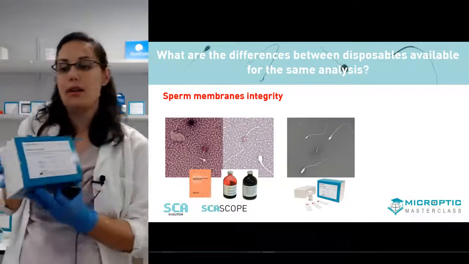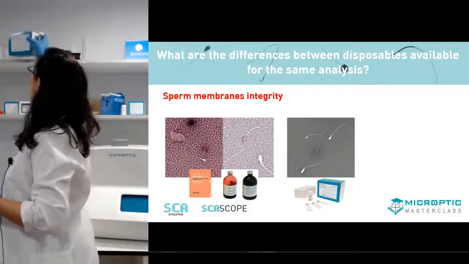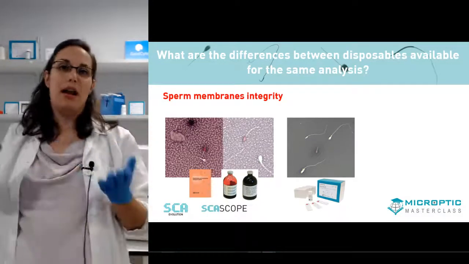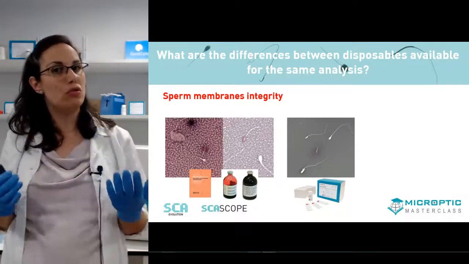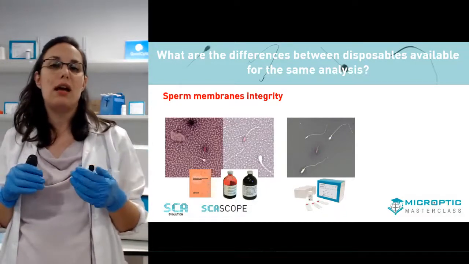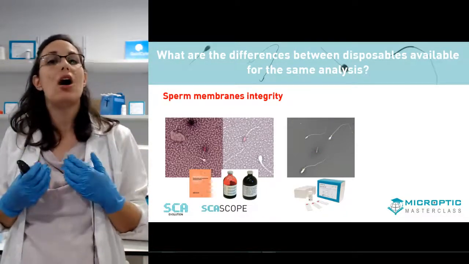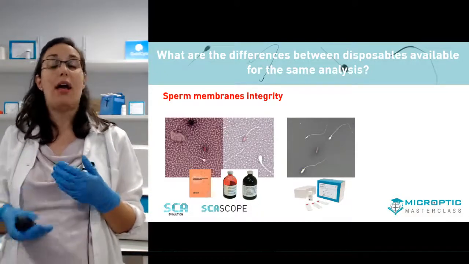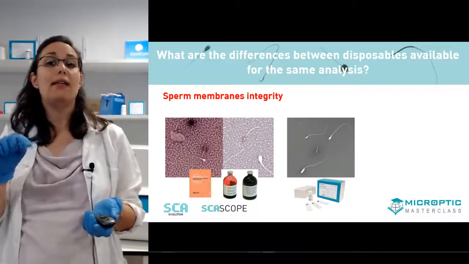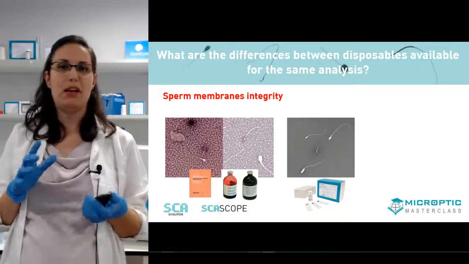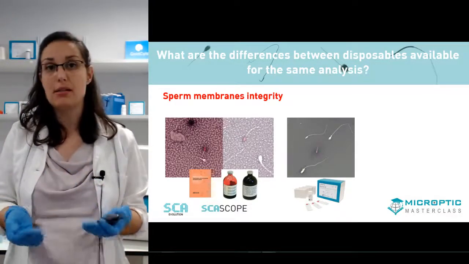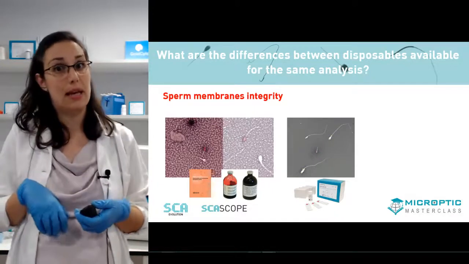The advantage of that kit is that it allows a double test: it allows evaluating colorimetrically the dead and alive sperm with good contrast and a very clear background, but it also acts like a HOST test, being slightly hyposmolar, and therefore it induces the swelling or coiling of the tails or not, depending on the viability. So it allows a double test at the same time by using the same kit.